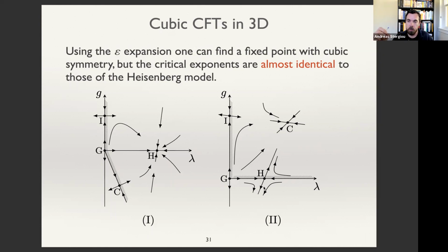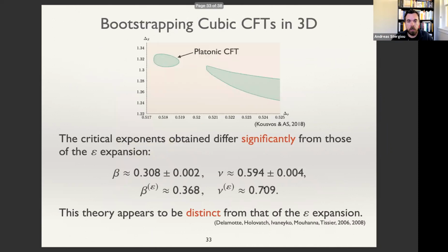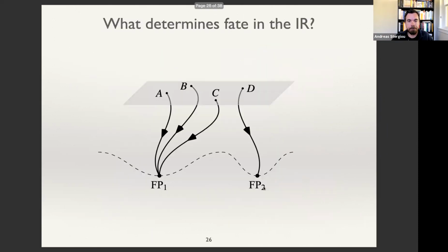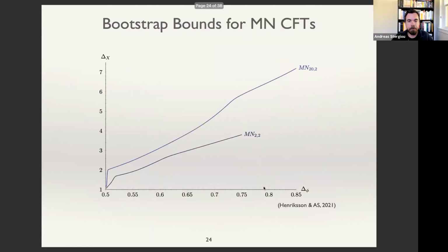So the decoupled O2 model is supposed to be the stable one, and not this model I showed you here in the first kink. This MN 2,2 first kink is supposed to be unstable to the fixed point that is decoupled O2 models. It has the same symmetry, but it's decoupled.